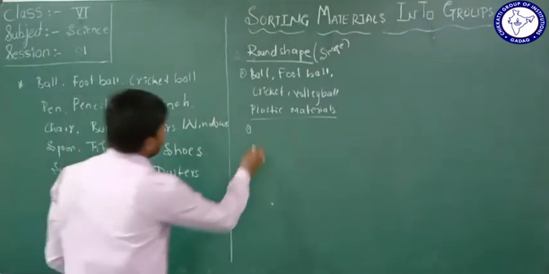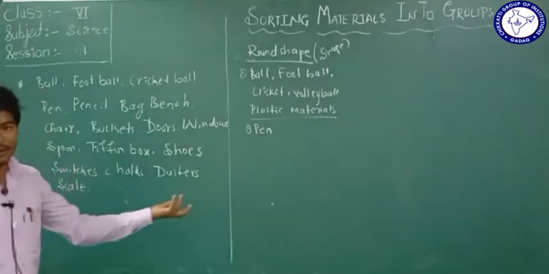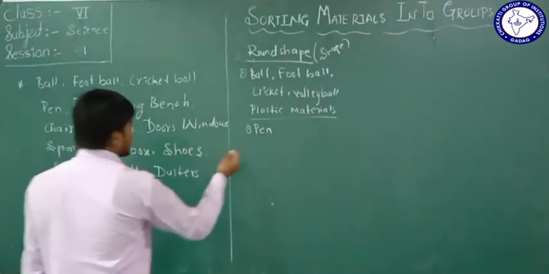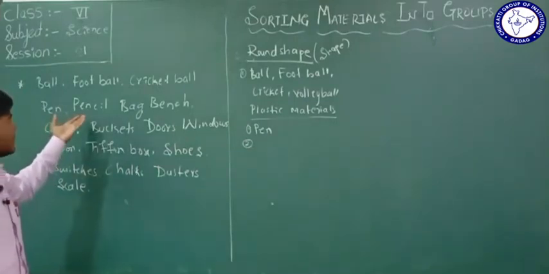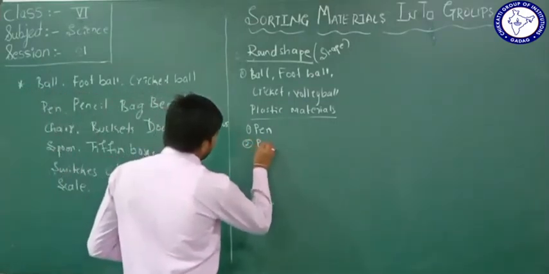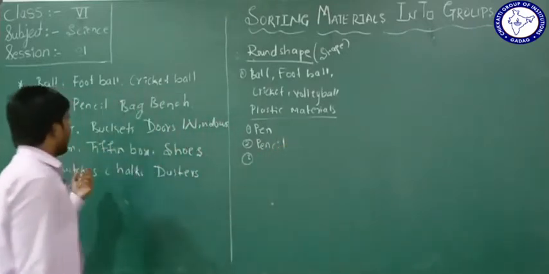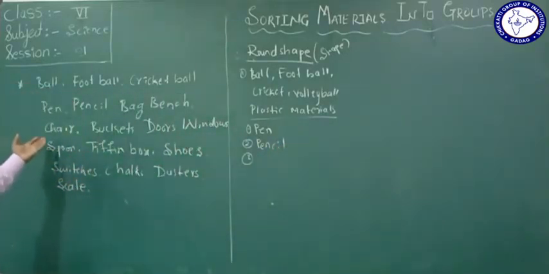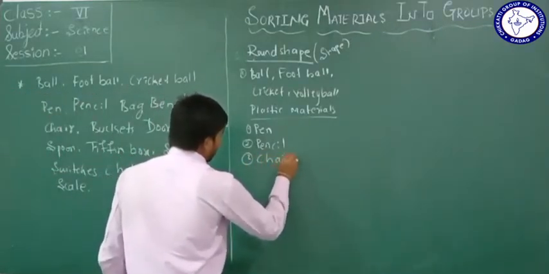Pen, yes, pen may be made of plastic. Maybe it is a metal also, isn't it? Pen. The next, second one, plastic, that is pencil. Yes, is it also made of plastic? Pencil. Then third one, chair, maybe it is made of plastic material.